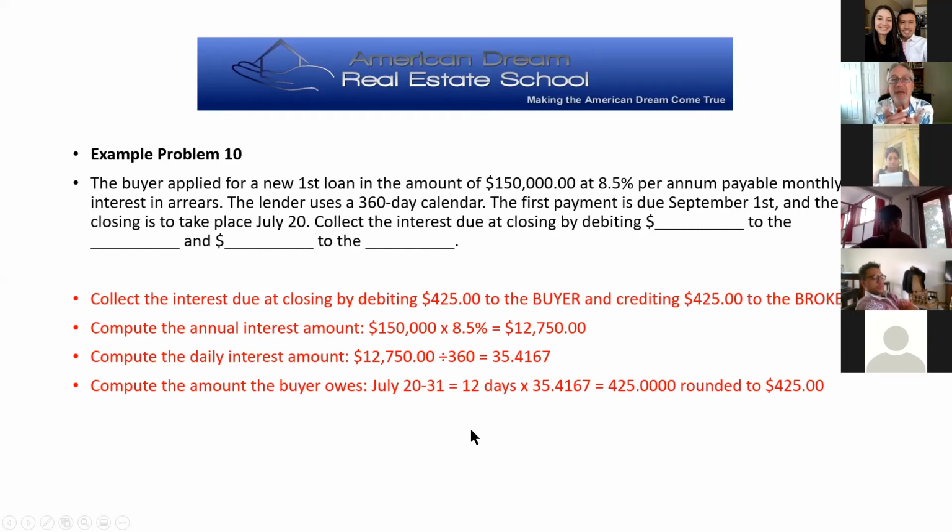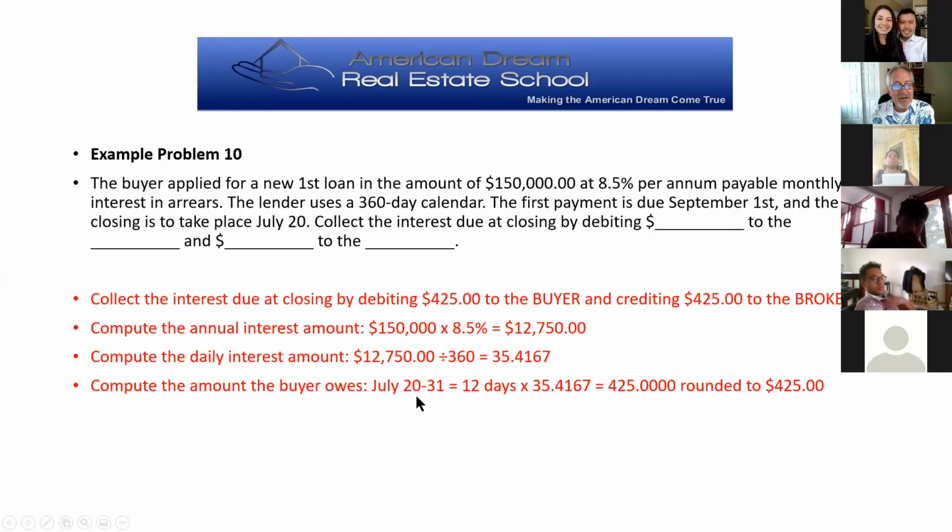Whenever you compute the days, even if the question says we're using a 360-day calendar year, 30 days in each month, we still calculate the actual number of days in the month we're closing. Since we're closing in July, there are 31 days. I take my per diem and multiply it by the number of days that we have to collect from the buyer, which is to the end of that month.